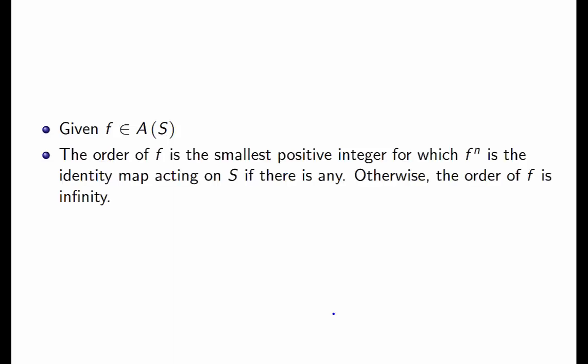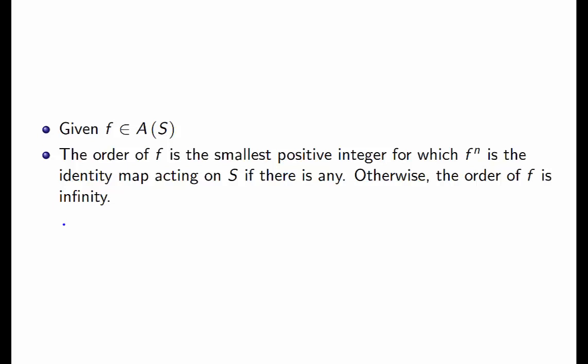Okay, now given a function f in A_S, the set of all bijections on S, we'll say that the order of f is the smallest positive integer n for which f^n is the identity map of S, if there is any. Otherwise we'll say that the order of f is infinity.